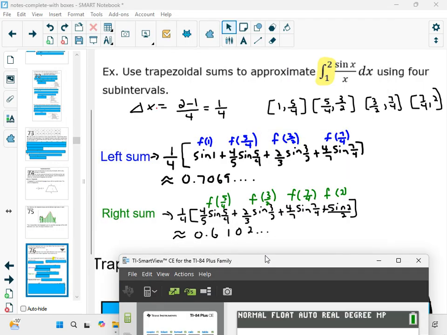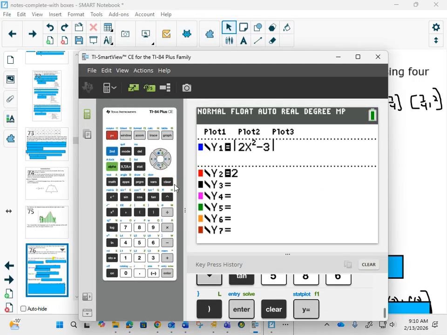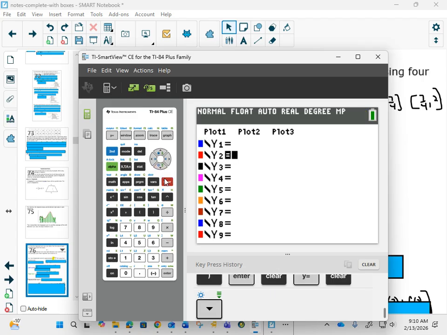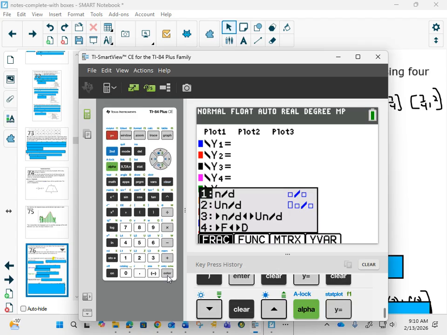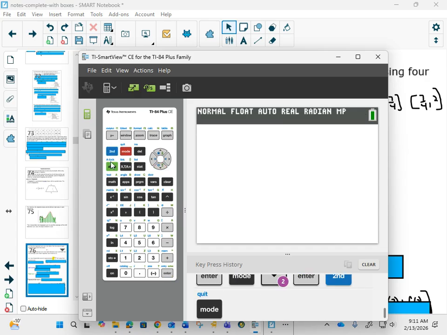So first of all, our equation is sine x over x. Everything we do with integrals and derivatives needs to be in radians, so I'm going to make sure that I'm in radians.